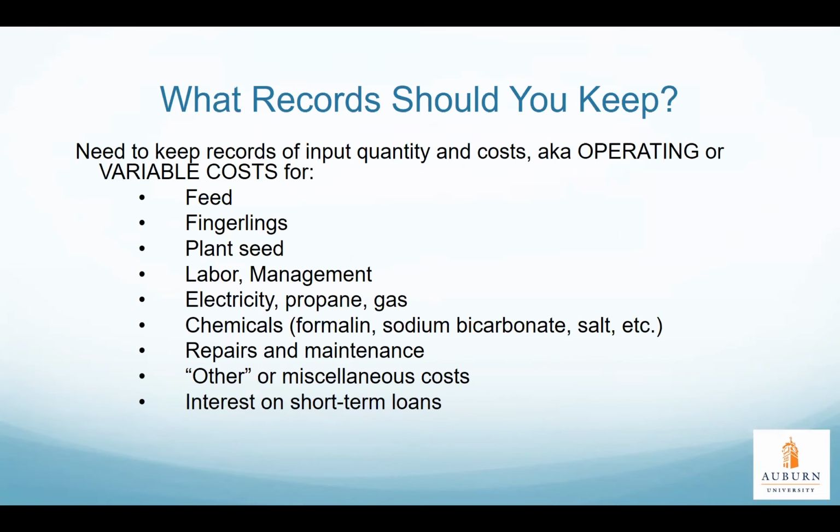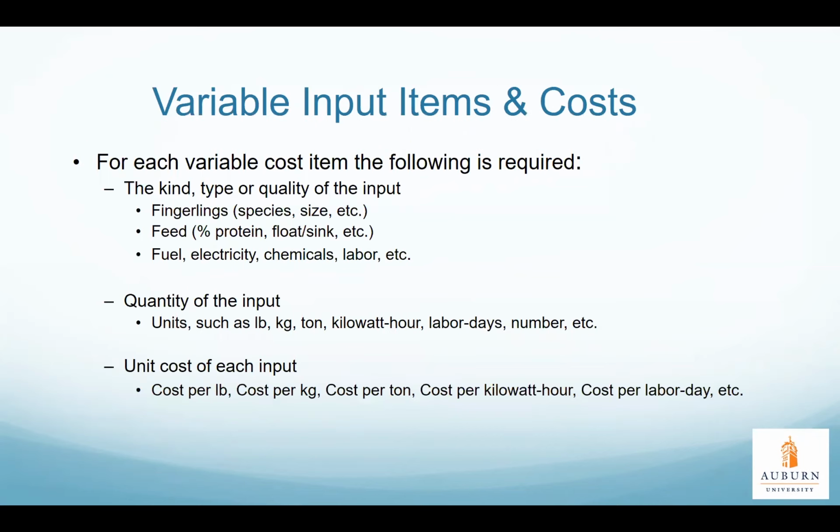So as you've seen, we've kept detailed records on feed, fingerlings, seed, labor, electricity, chemicals, repairs, and other. And what we add here in the enterprise budget is an interest on the operating costs. This is a short-term loan. And the reason we do this is because all the money that goes in to purchase those inputs, we want to compare apples to apples.